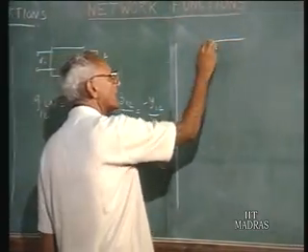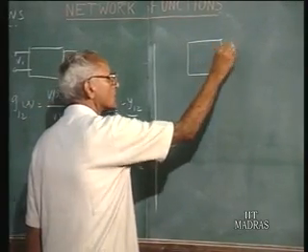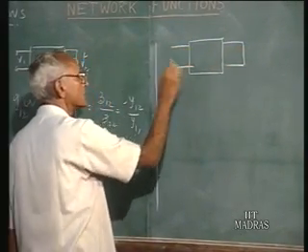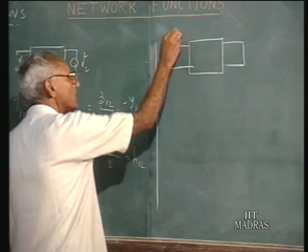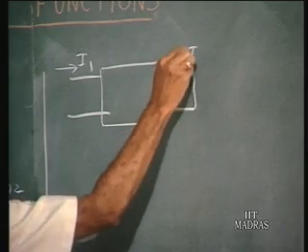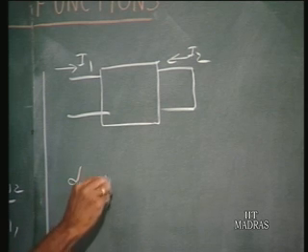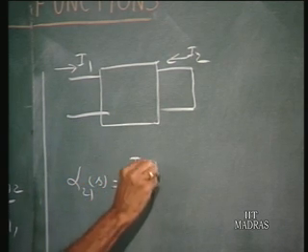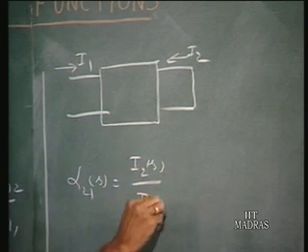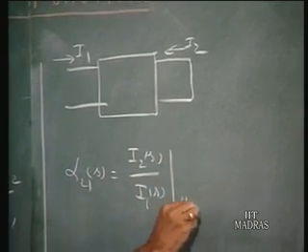Often we may also be interested in finding out the short circuit current ratio. That means you apply a certain current I1 here and measure the current I2 under short circuit conditions. So you write alpha 21(s) is I2(s) over I1(s) when V2 is 0.